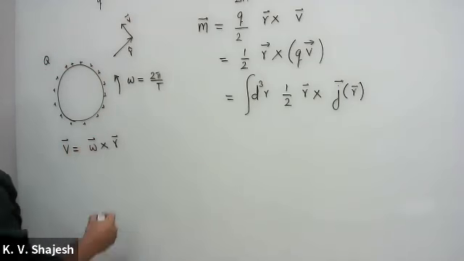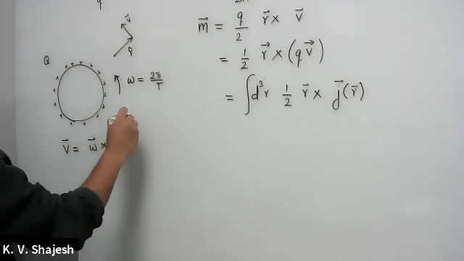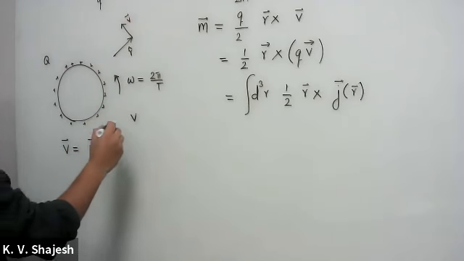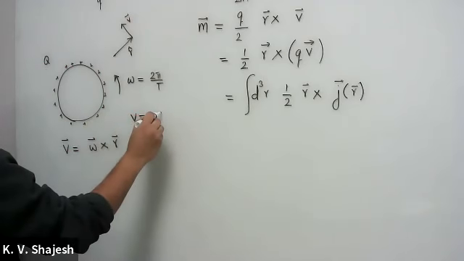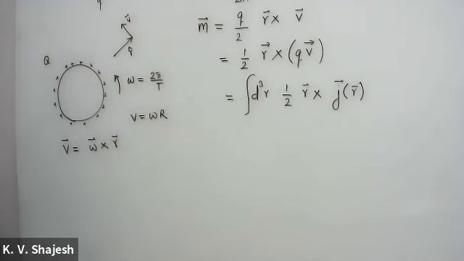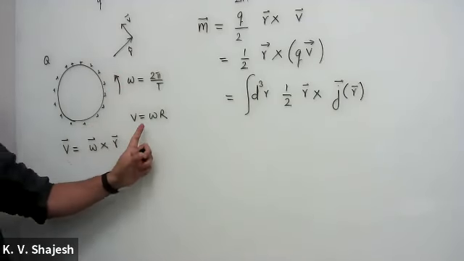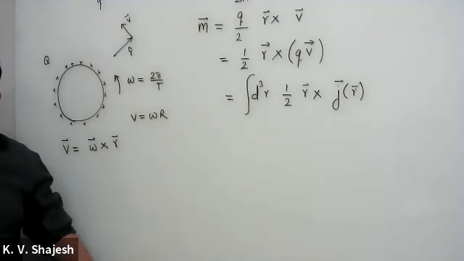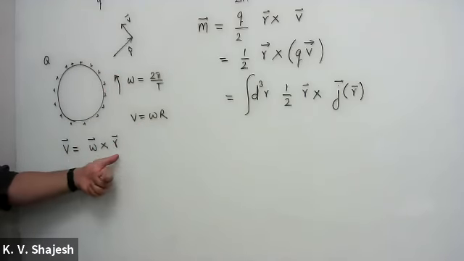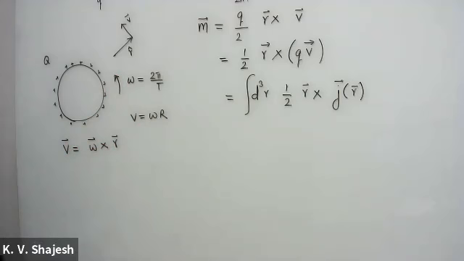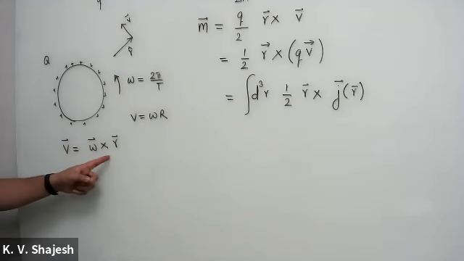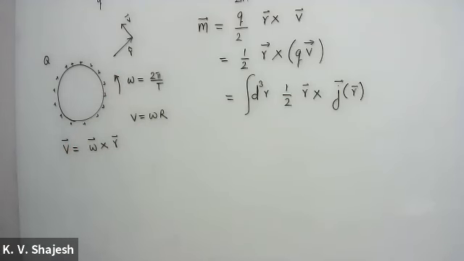We typically, at least in early stages, don't worry about the vector nature. We simply say v is equal to omega r. That's how we introduce this. Velocity is 2 pi r over the time period T. But if you want to keep the directions intact, you would say velocity is equal to the cross product of the angular frequency with r.